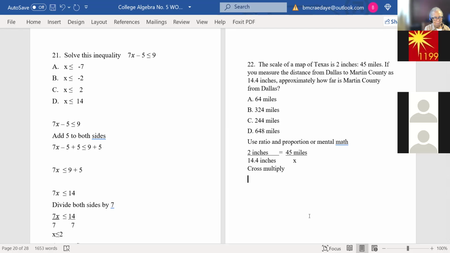Okay. When you cross multiply, what do you get? 2 times X, 2X. And you have 45 times 14.4.